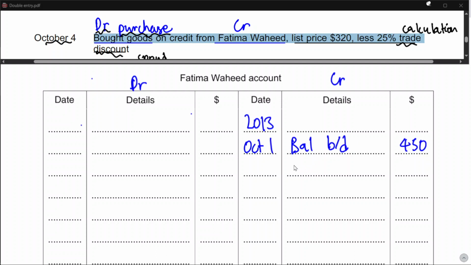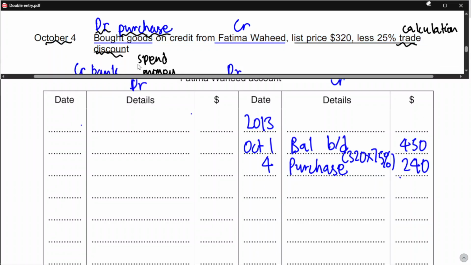He says 320, 25%. So 320, after we pay 75%, 25% times this one will be 240. October 4. Now let's go to the next line.